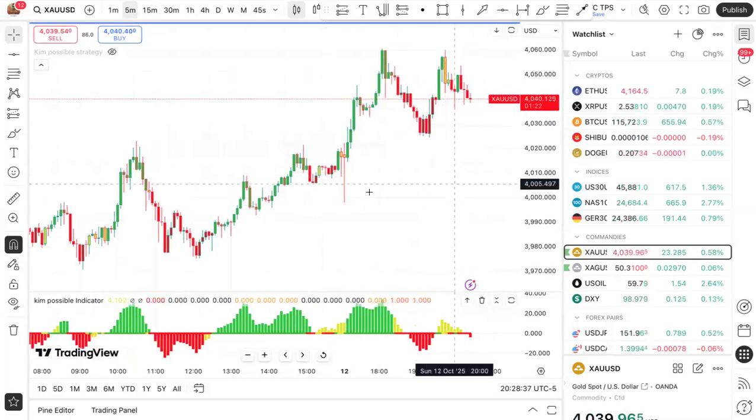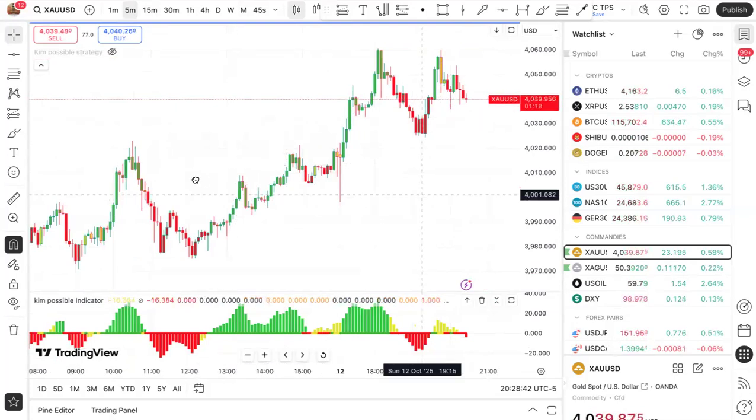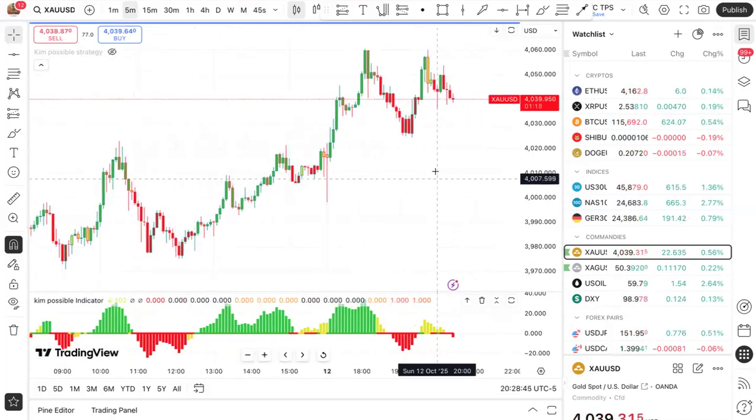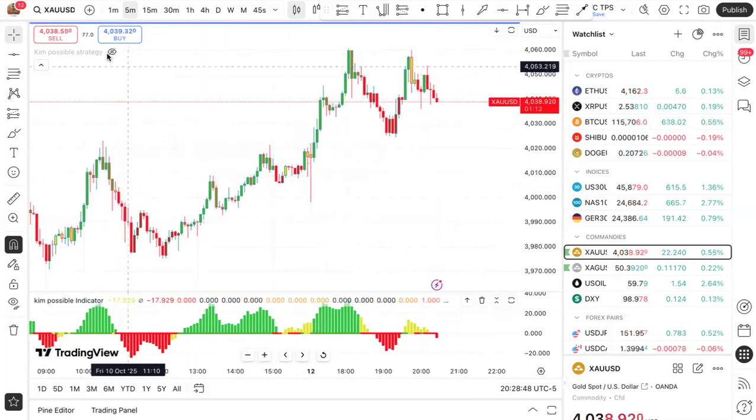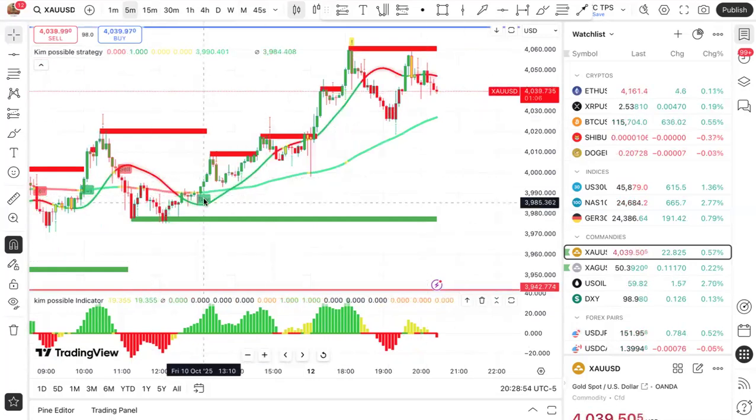Gold isn't ready yet. Gold is still sitting at a previous support here, so it's not ready right now. You have to circle back with gold. So yeah, the strategy tells you when to buy or when to sell. As you can see right here, it tells you when to buy.